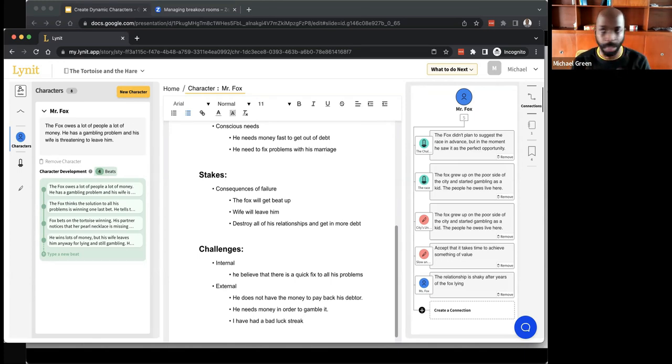In that you may find the voice of the character, let's take it as a bad luck streak, or just their experience with realizing that they have a problem with gambling, or why they never recognized it before, and just how they internalize and interpret it. So just different ways to really try to capture the same thing.